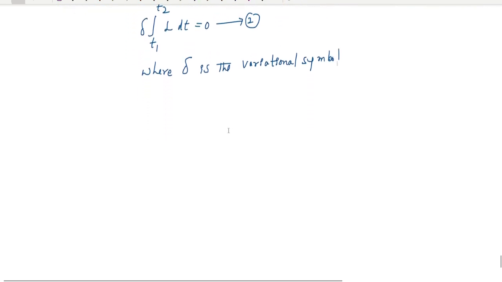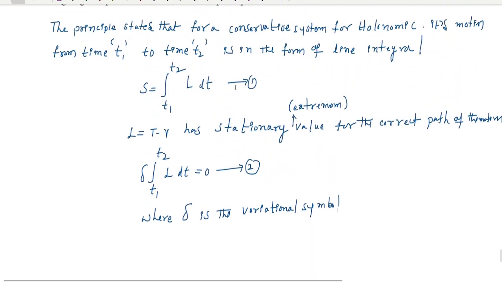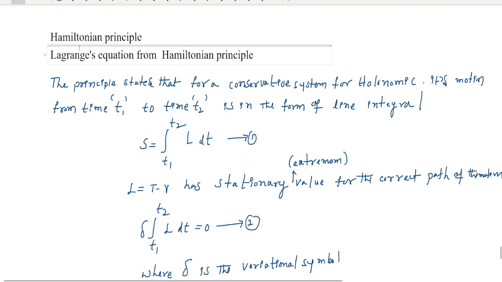Now we are going to derive the Lagrangian equation from the Hamiltonian principle. So this is the Hamiltonian principle. Now I would like to derive the Lagrangian equation from this Hamiltonian principle.